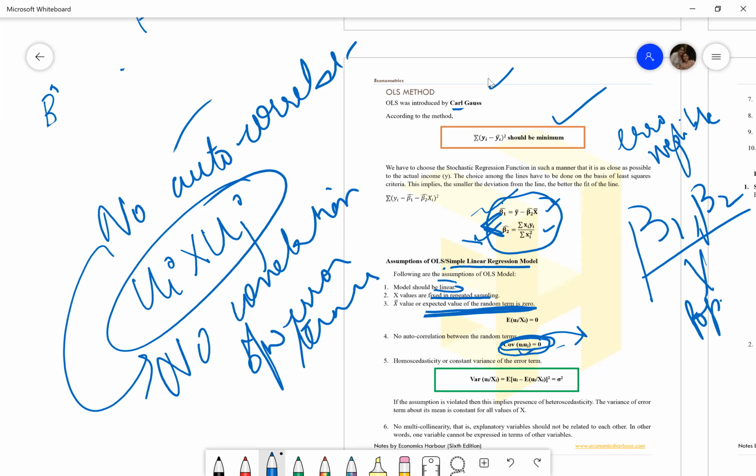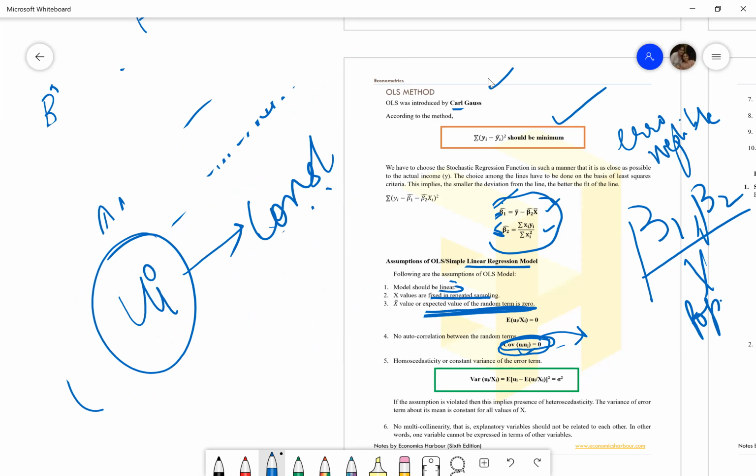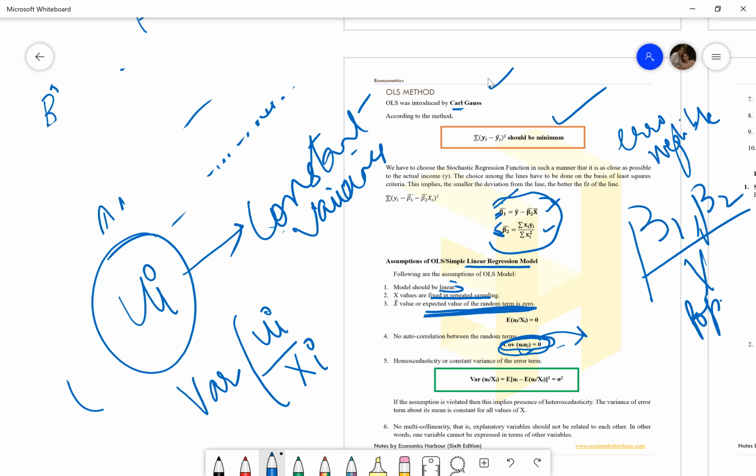Furthermore, we assume homoscedasticity, in the sense that in case of your error term, there is a constant variance. Your error term is not changing with respect to x. So the variance of the error term with respect to xi is equal to your standard deviation square.